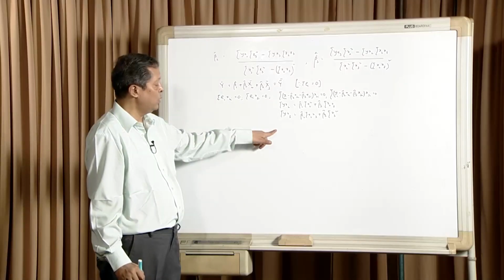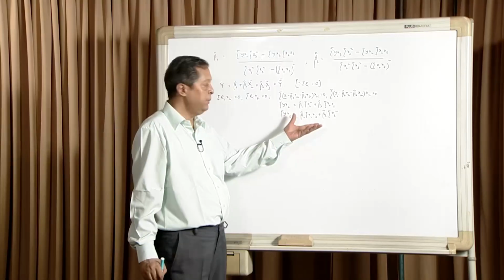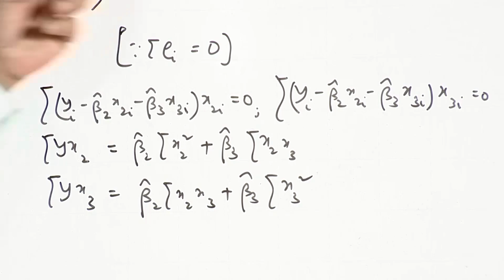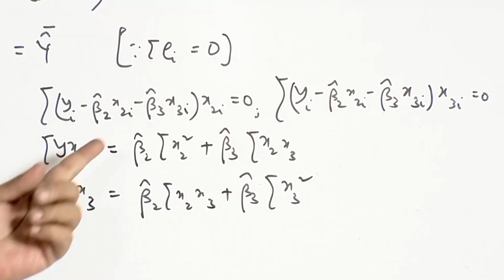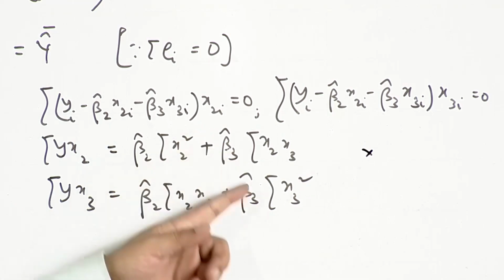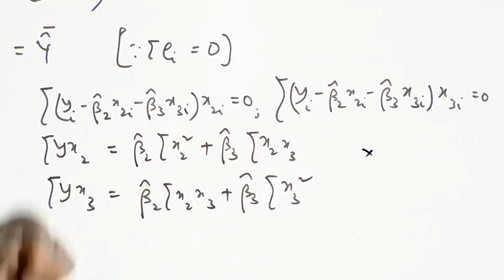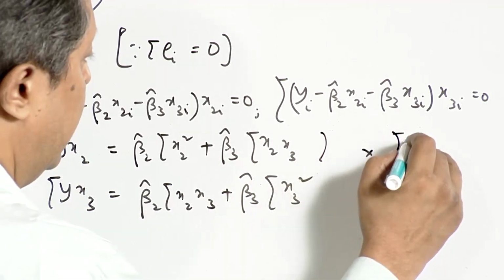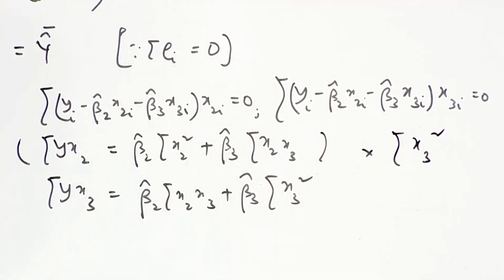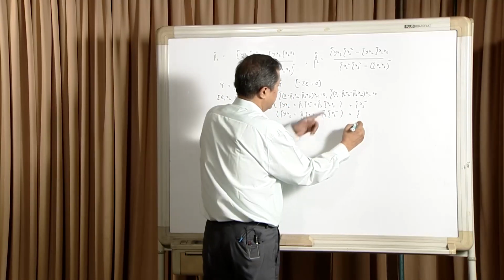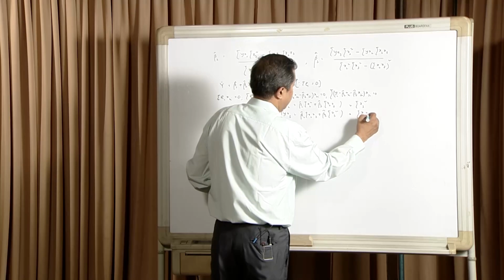With this pair of simultaneous equations, we can eliminate either beta 2 hat or beta 3 hat and obtain the rest. For example, if you want beta 2 hat, we want to eliminate beta 3 hat, so you multiply the first equation by summation x3 square and the second equation by summation x2 x3.